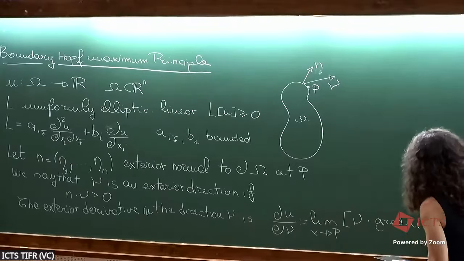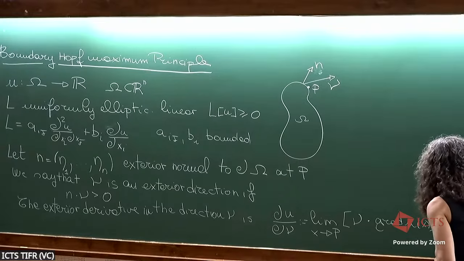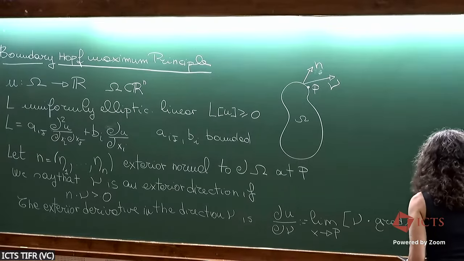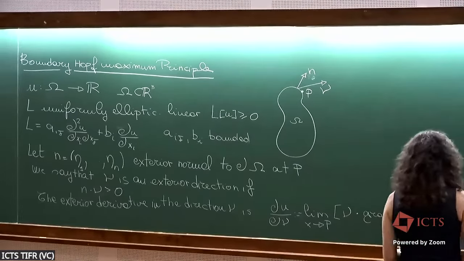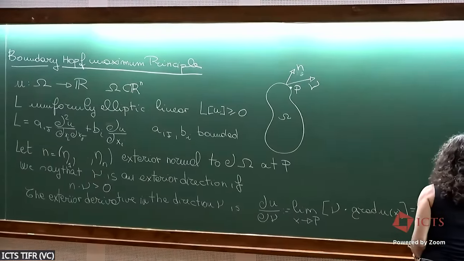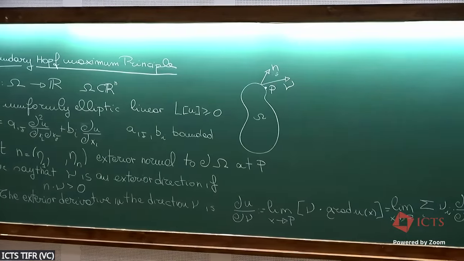That is also, of course, the limit for x going to P of the sum over i of nu_i du dx_i. Okay, this is just a definition.